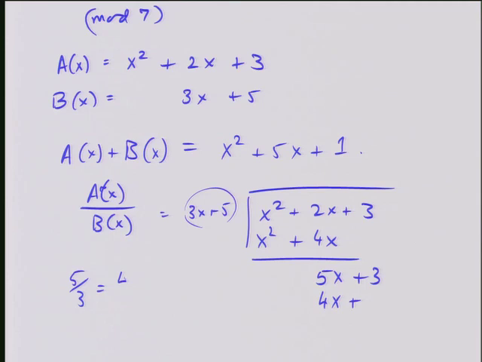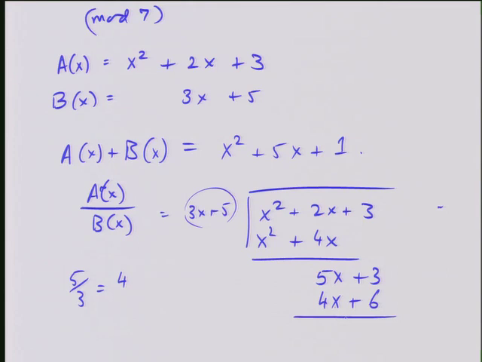So 4 times 5 is now 20, which is 6. Sorry, we should have got a 5x here, right? And then we get something, minus 3, which is 4.